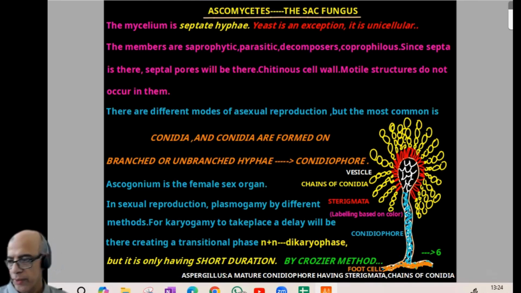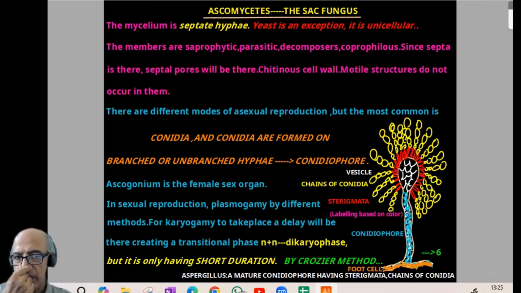So you can find the vesicle, that is this part, white in color; chains of conidia, yellow; then sterigmata, that is the stalk, orange red; then conidia for this one; and at the bottom you can find the foot cell. That is regarding Aspergillus, a mature conidiophore having sterigmata, chains of conidia. I think I made it clear. With the color, you can easily identify.